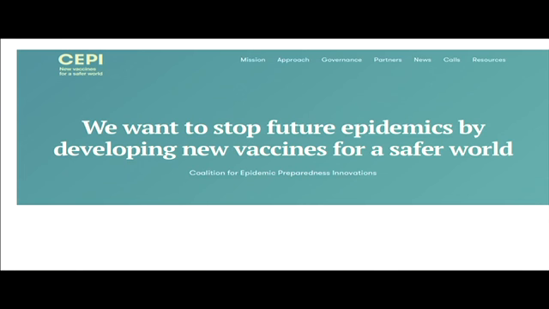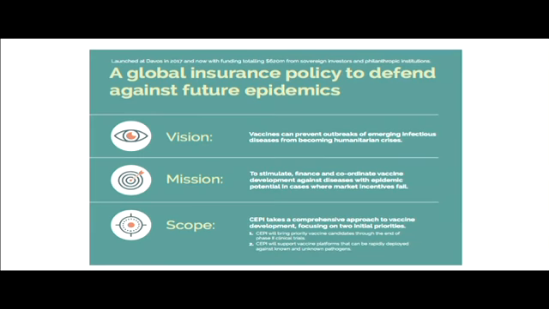We would have invested into the science to have the animal work completed and phase 1 safety and immunogenicity study done for vaccine candidates so that we can move much, much quicker to respond to these public health threats. And so this is the vision of CEPI, that it's really buying insurance.